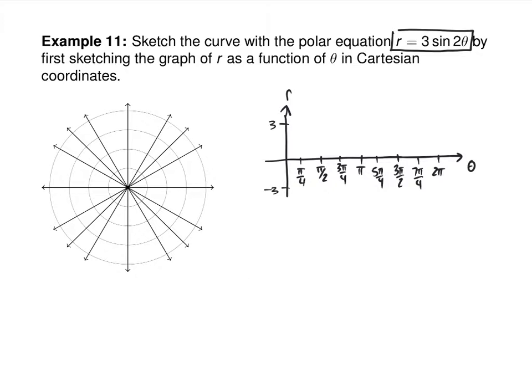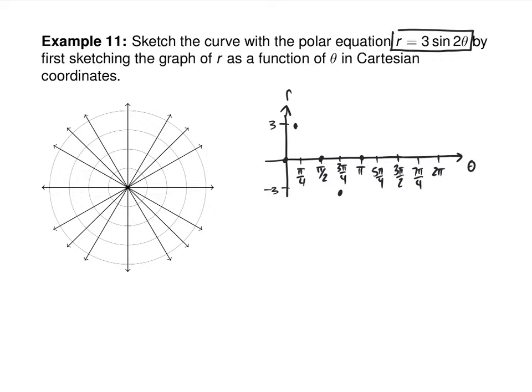Okay, so I go through one cycle between 0 and pi. Where does my sine curve start? 0. When is 3 sine 2 theta up at 3? By pi over 4. When's it down to 0? When's it at negative 3?